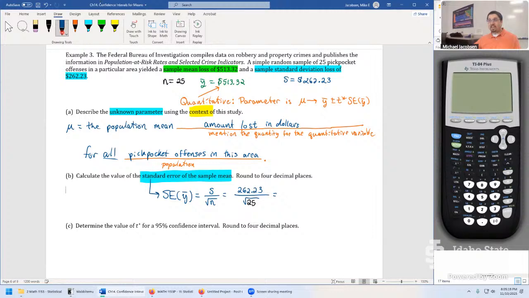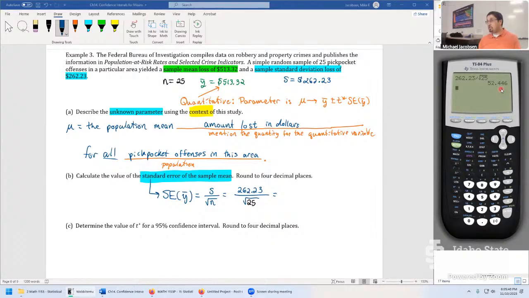I'll toss the whole thing into the calculator just for practice of what that would look like for a nastier number. So this goes in as 262.23 divided by, hit second and power 2 for the root as usual, and throw in 25. So that's our standard error.